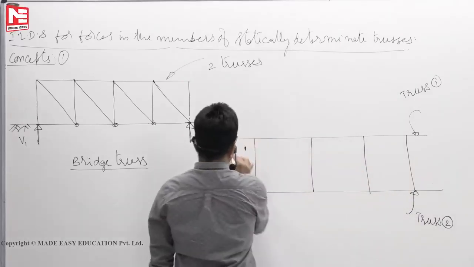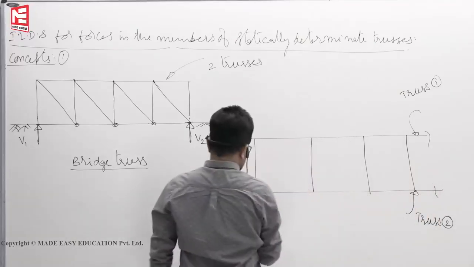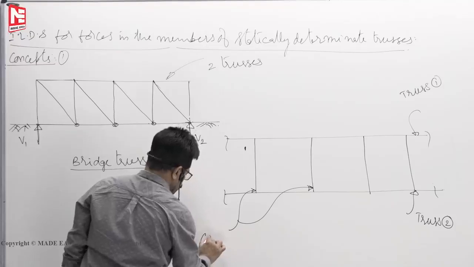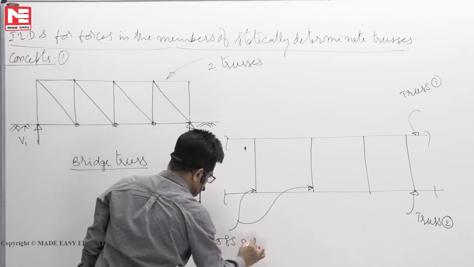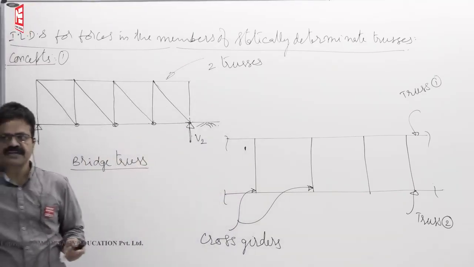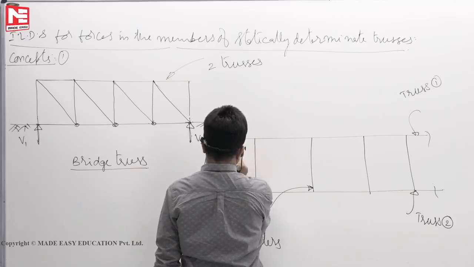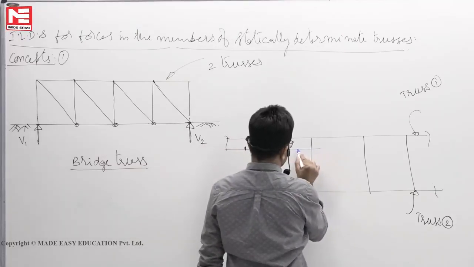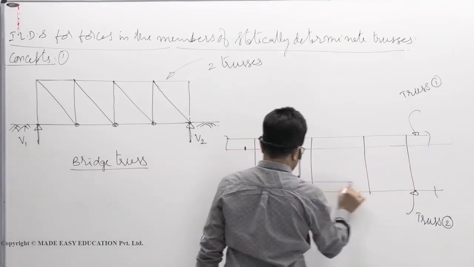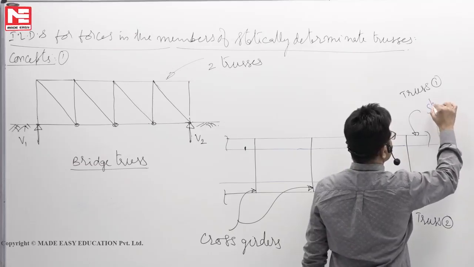These are called cross girders. And on top of the cross girders, we run the stringer beams. This is called a stringer beam.